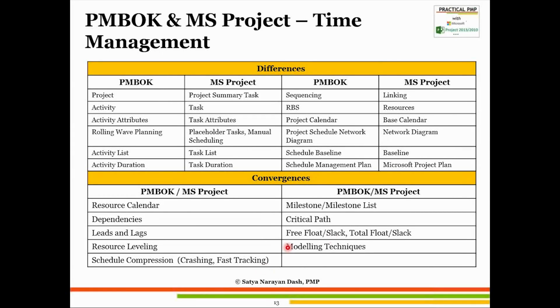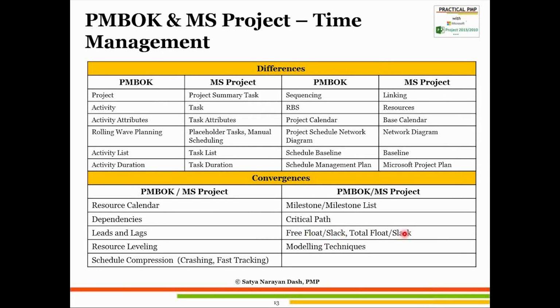Then you have milestone list, which is part of the define activities output. In Microsoft Project it is also milestone list. You have critical path. Microsoft Project also calls it critical path. You have free float and total float. Microsoft Project calls them slack, free slack or total slack.